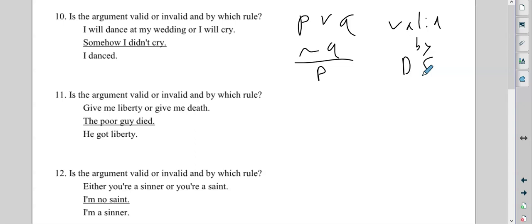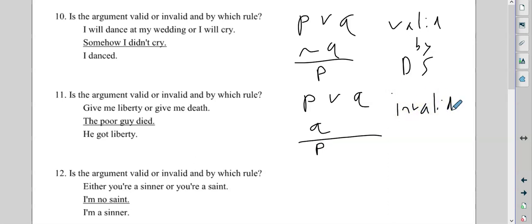So, give me liberty or give me death. Well, the poor guy died. So that's Q. That's death. Therefore, he got liberty. Well, he died, didn't get liberty. That's invalid. Also doesn't make sense.